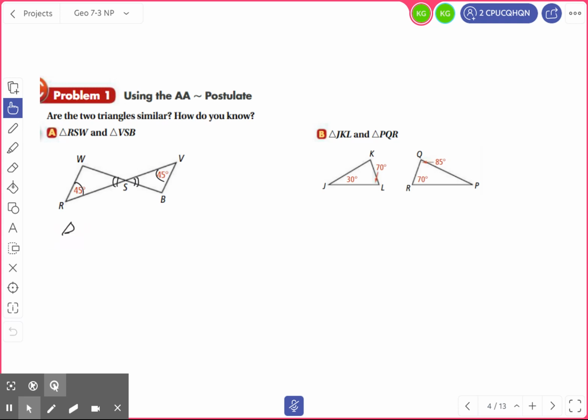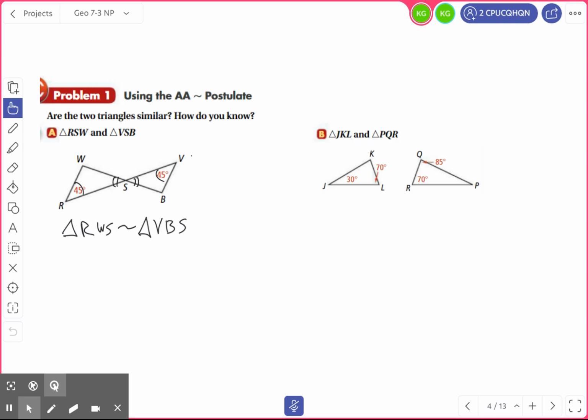So we can say that triangle RWS is similar to triangle VBS. Now, V corresponds to R, W corresponds to B, and S corresponds to itself in those triangles. So that's the similarity statement.